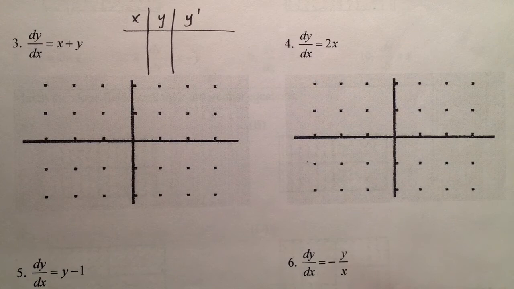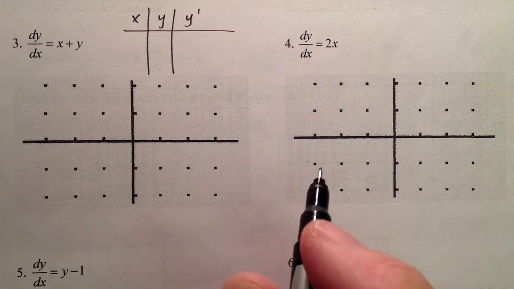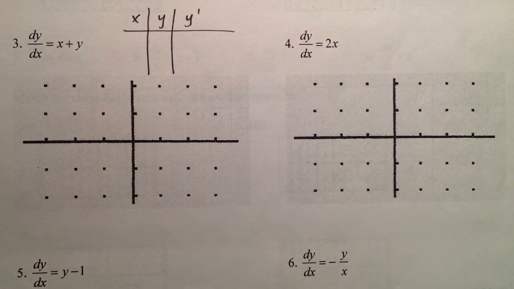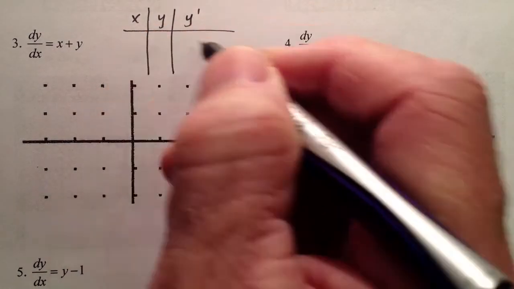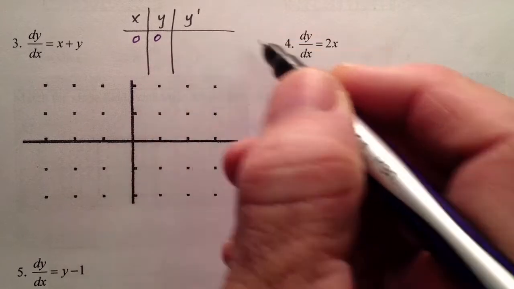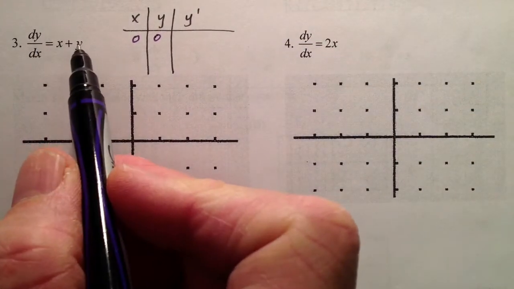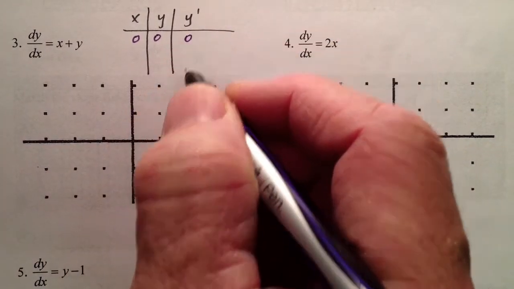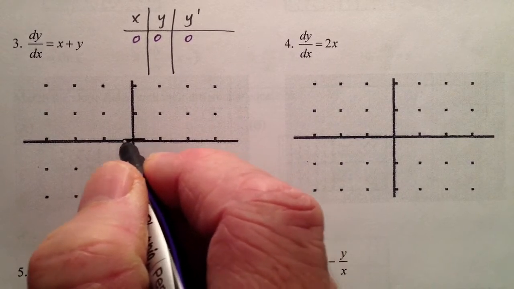Okay, so let me get a different color for my slope field. Let's use purple. If we just choose a couple values for x and y, say 0, 0, we know that 0 plus 0 is 0, so y prime is equal to 0.